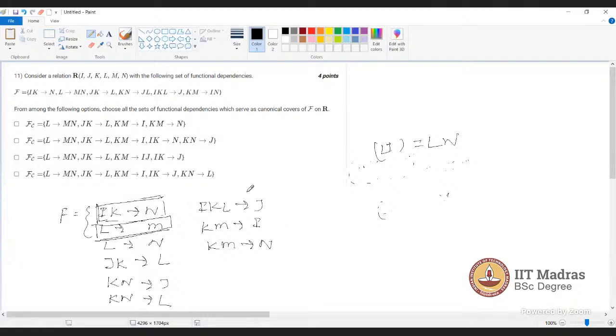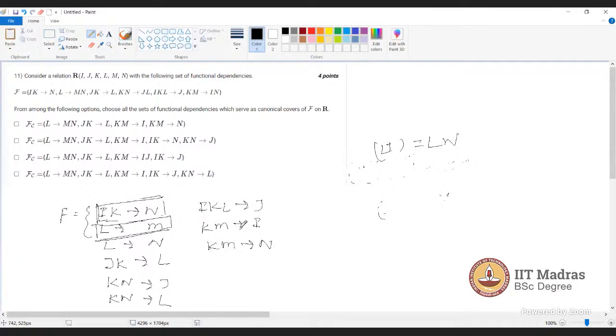If you remove that extraneous attribute, then you have IK to J, JK to L, L to N, which makes IK to N redundant.